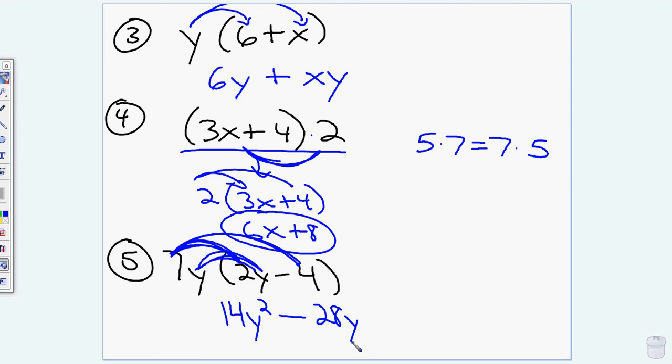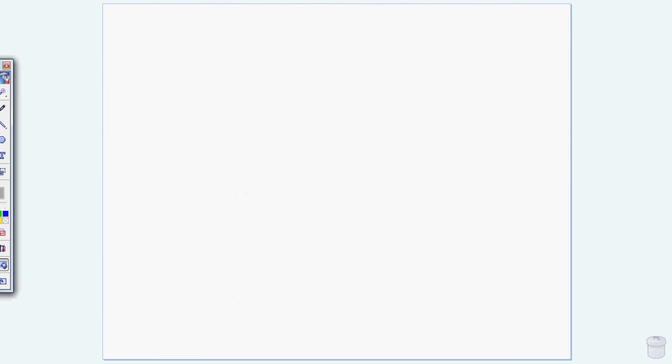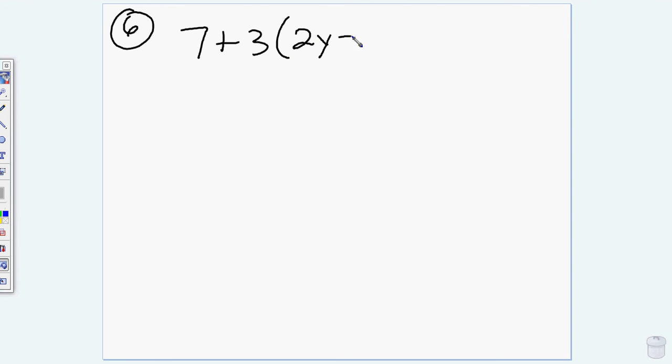Just a couple more that we need to clean up here. What if I have this problem? This problem is very commonly missed. This is number 6. A lot of people miss this problem. 7 plus 3 times 2y minus 6. A lot of people mess this problem up because they don't follow their order of operations.